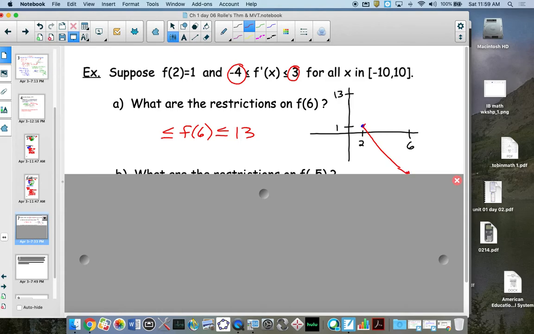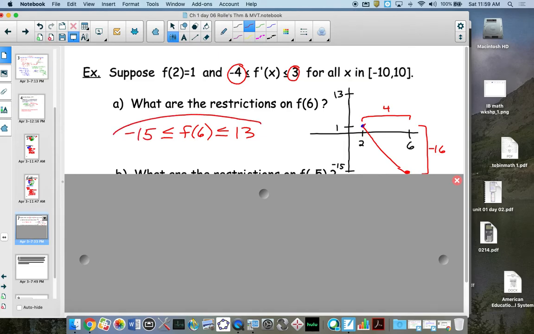Take it way down to here. So if we go 4 units to the right, and that has a slope of -4, that means we will go down a total of 16 units. And if we were at 1 to start with, that'll take us down to -15.